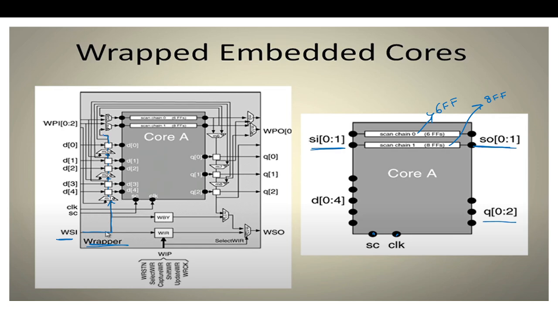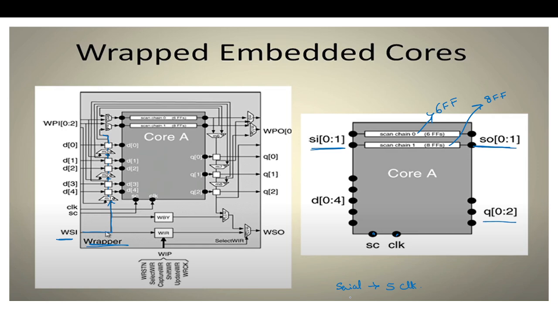This consists of 1, 2, 3, 4, 5 cells. So if we shift in serially, then it consists of 5 flip-flops, so it requires 5 clock cycles.